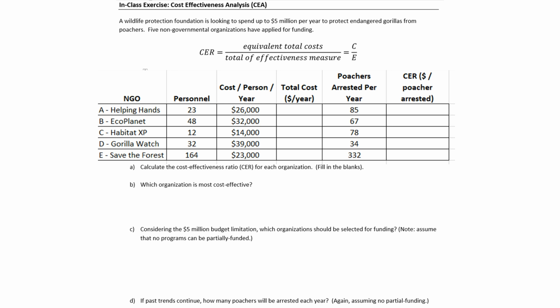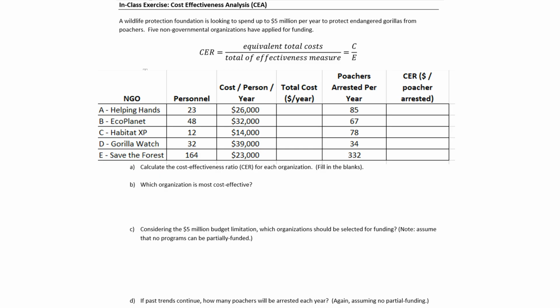It's a hypothetical scenario where there's a Wildlife Protection Foundation. They have a budget of $5 million per year. And there's 5 different organizations that are trying to receive funding. What we want to do is rank these organizations in terms of their effectiveness.